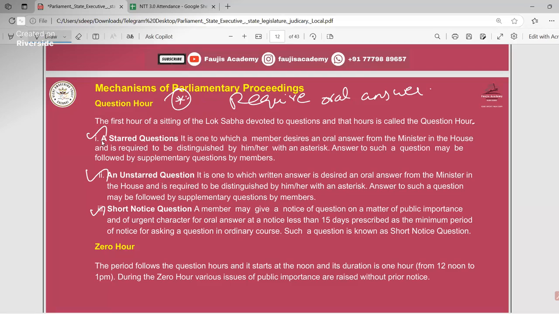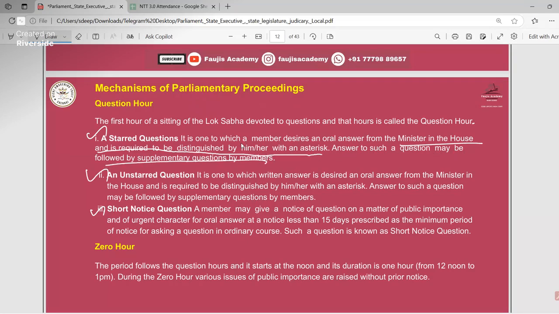Therefore, starred questions are oral questions, and they have to be answered by the minister on the floor of the parliament itself, like a normal question answer session. It is one for which a member desires an oral answer from the minister, and is required to distinguish it with an asterisk. The answer to such a question may be followed by a supplementary question from the members. So that is what a starred question is.